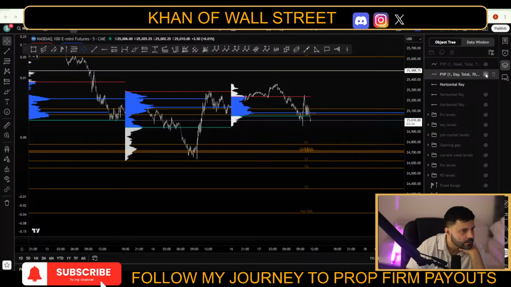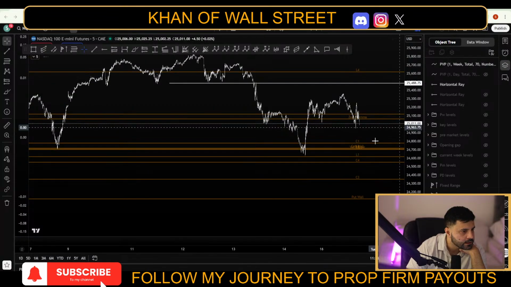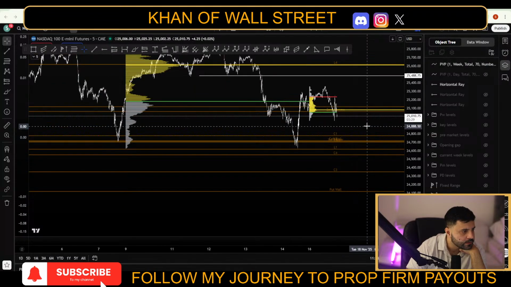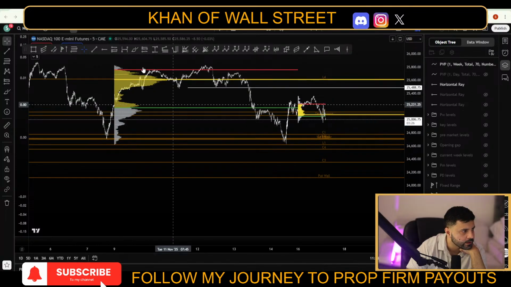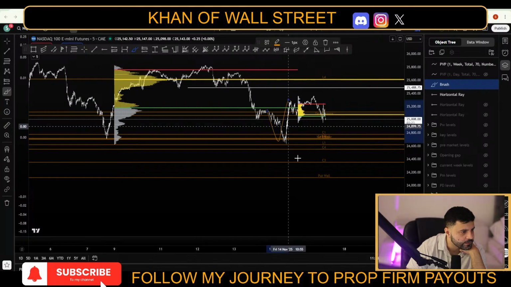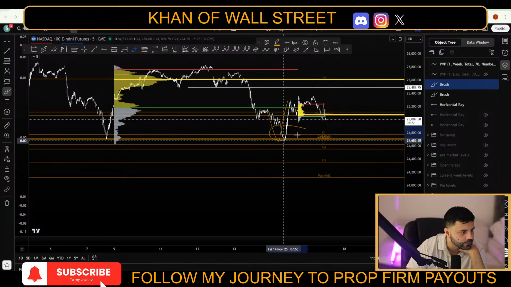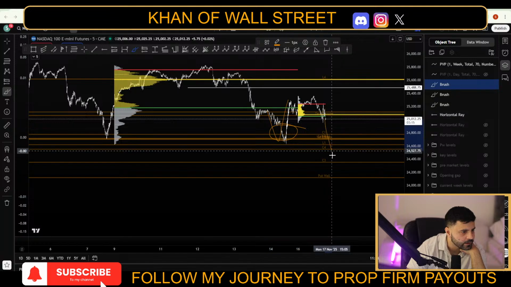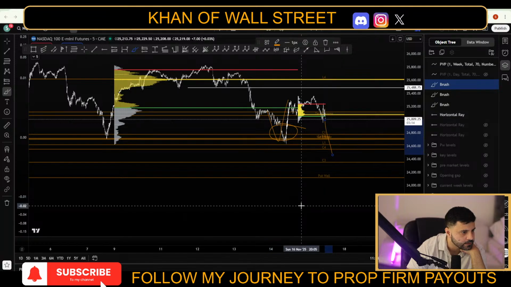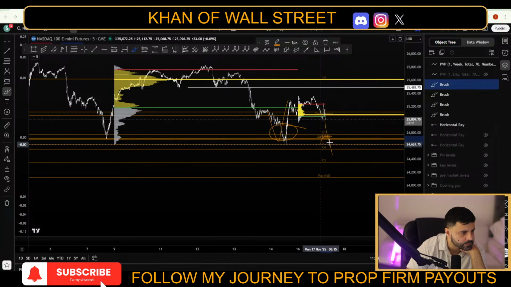Let's take this off, put the weekly on. Yeah, there just isn't much volume here. That's why you're getting these massive V shapes. There's no volume here. So if this level is lost, we could just quickly flush all the way down. The next support is probably down here.